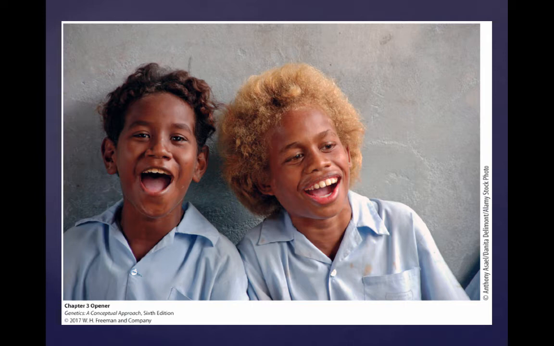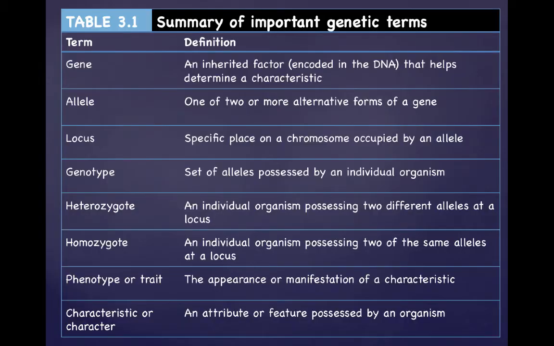And this trait really traces back to a one gene mutation that has been populated over time and has been able to work its way from generation to generation so that now we have a large percentage of these individuals within this culture. So that's just one example of looking at how genes transmit from one generation to the next.